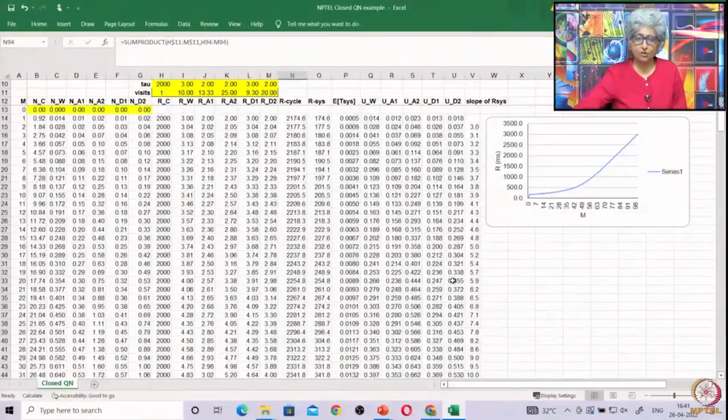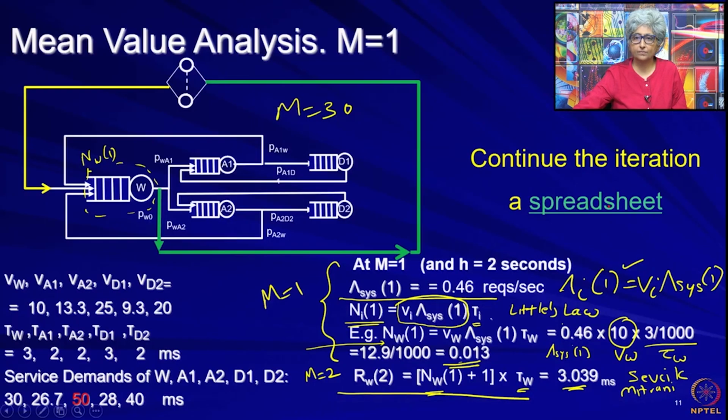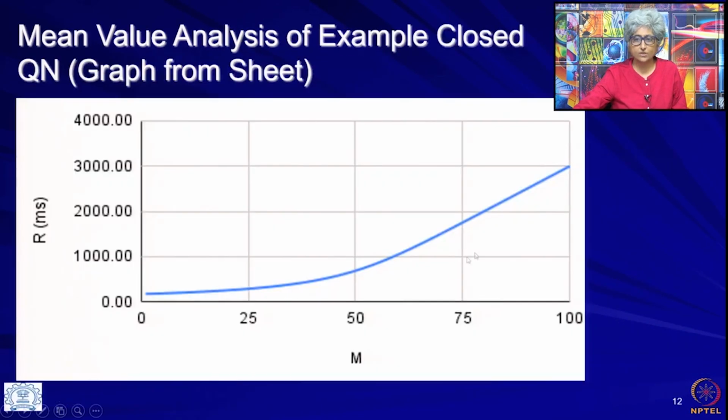You can take a look at this separately. What I wanted to show you is that you do need a spreadsheet or a program to calculate all of these things. Let us go back to our slides. I have copied this response time graph here to show that it is one of the results of doing the MVA in a spreadsheet.